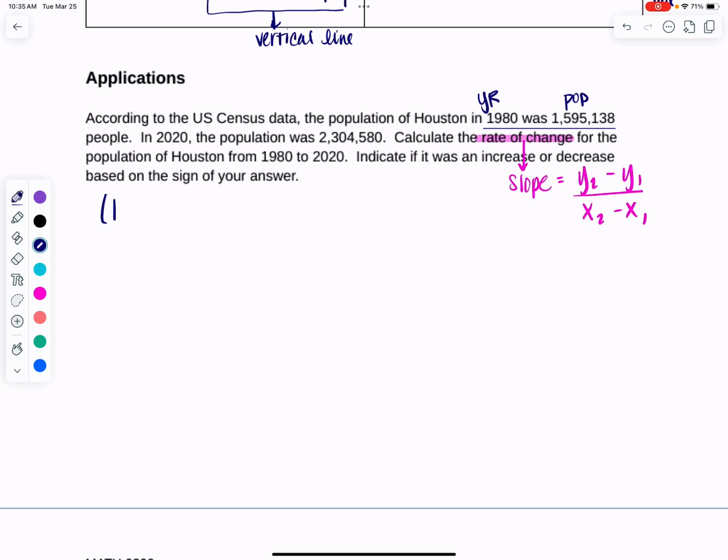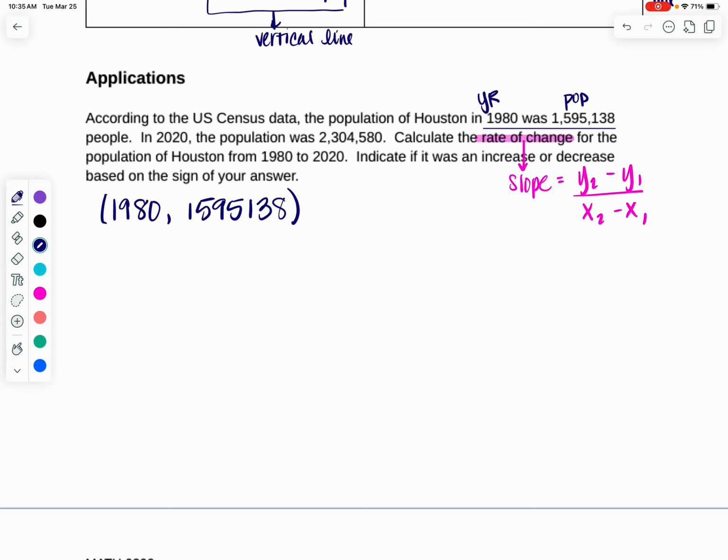So I would have 1980 and 1,595,138. That is real data. I did actually look it up. So if you don't believe me, you can go look at the census data yourself.